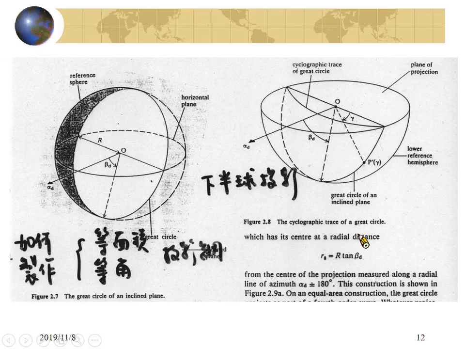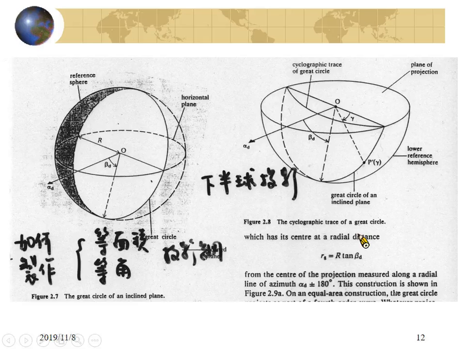And if you have a plane passing through the center of the ball, then this plane will intersect with the ball to produce a circle. Understand? Foreign students, can you understand?